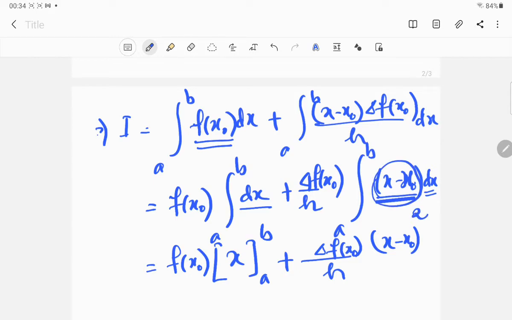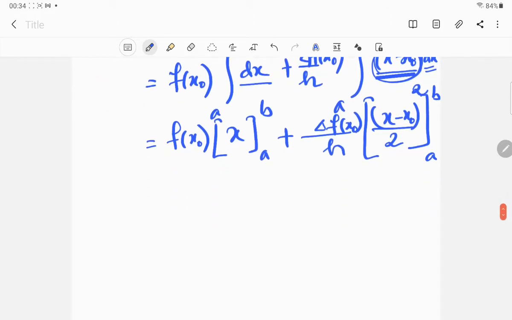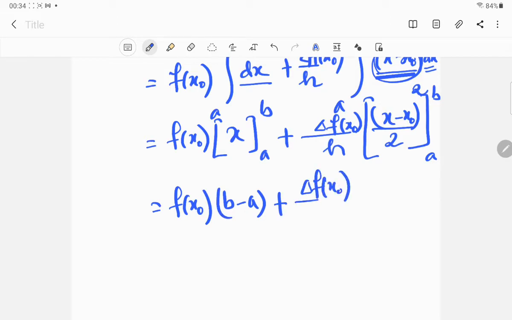So x dx means x square by 2, so it will be (x minus x0) square by 2. So it will go from a to b. Now f(x0)(b minus a) plus del f(x0) by h, and 2 will come out also.